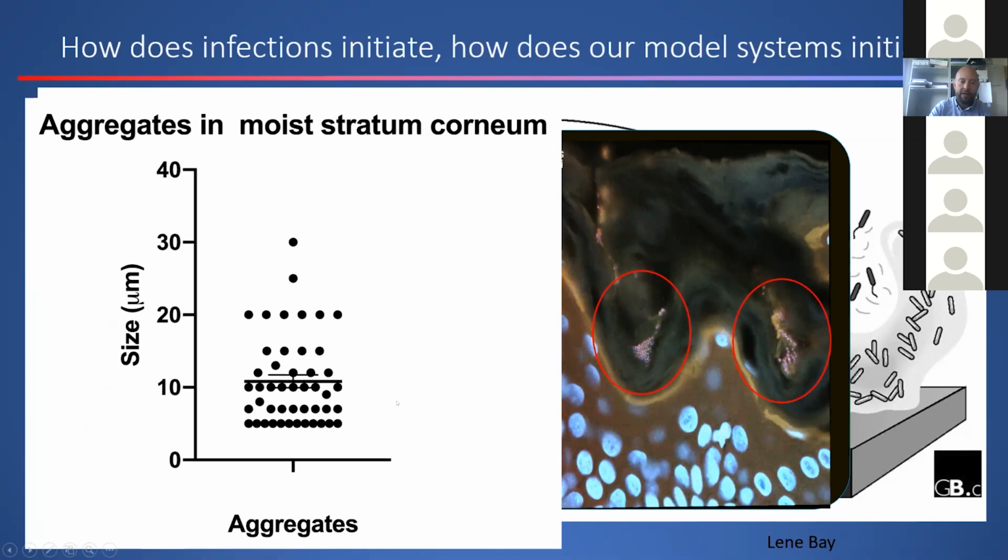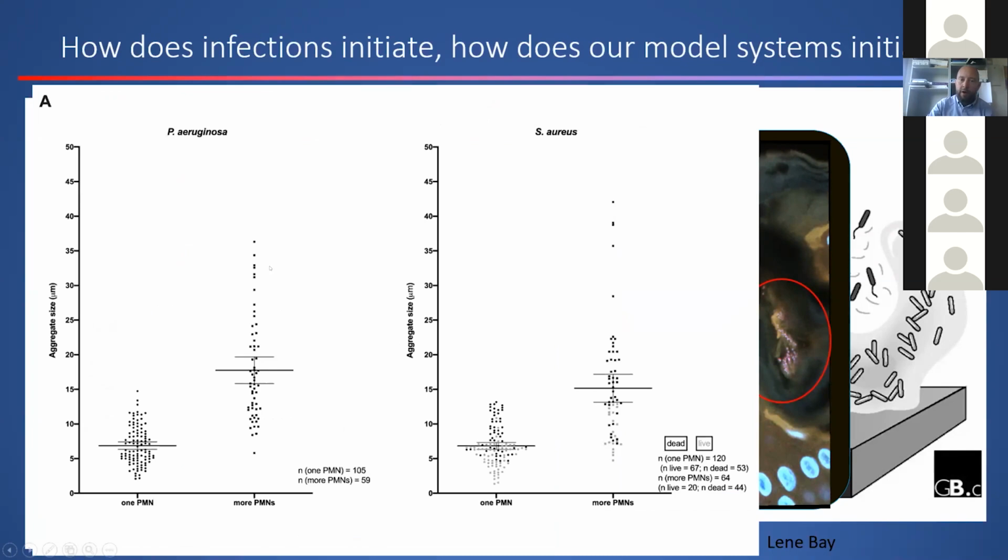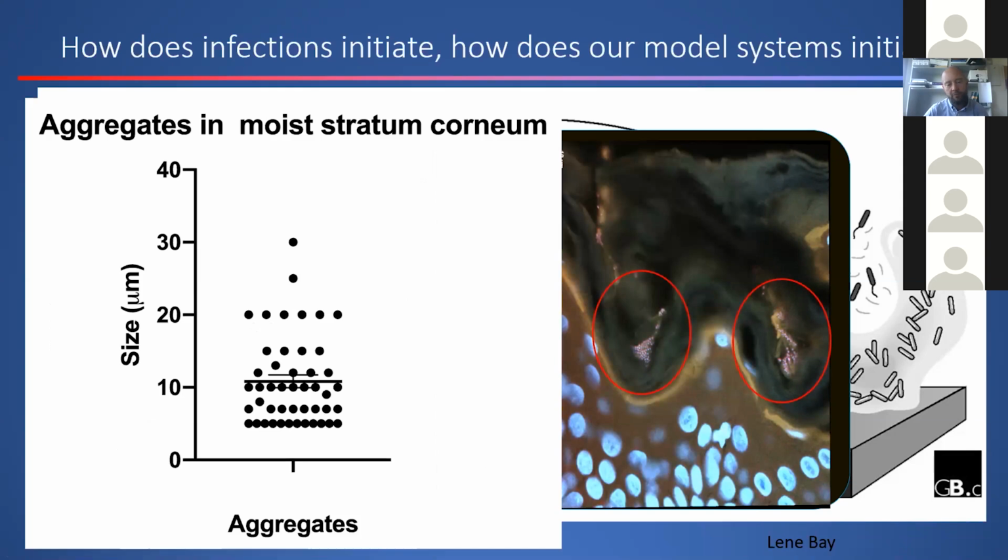And we can look at the aggregate size of the bacteria on moist, healthy skin, and it's around 10 micrometers. So they're not really present as single cells. But that could also be one of the differences in whether we get chronic infections or not, because we made some in vitro experiments where we isolate human neutrophil phagocytes, and they're actually able to phagocytose the normal aggregate size, around 10 micrometers.